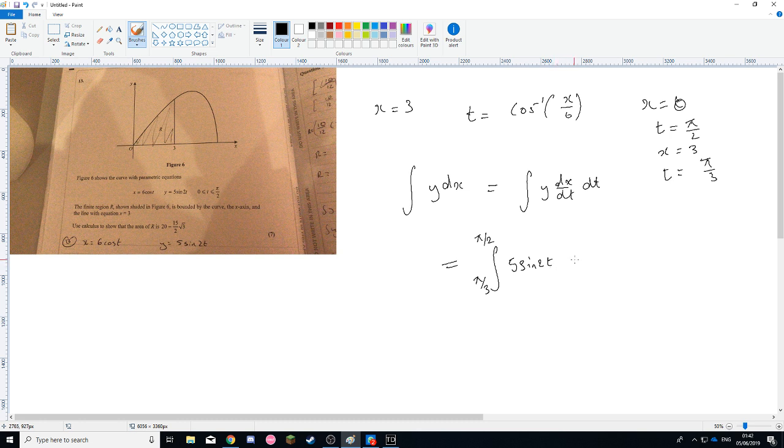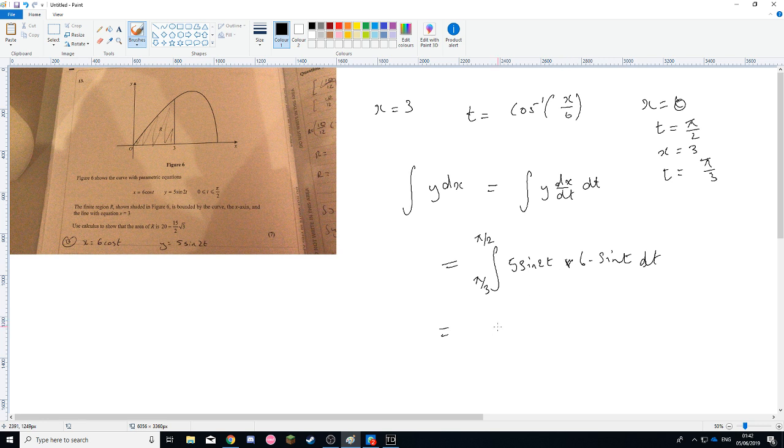dx by d theta, which is times 6... well, hang on a second. dx, yeah, that's right, dx by d theta times 6 minus sine t dt.